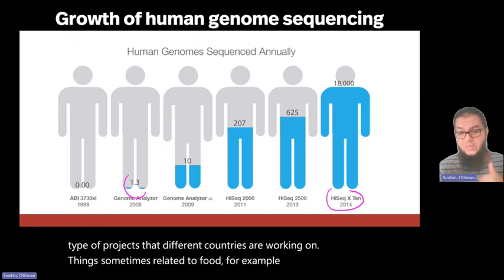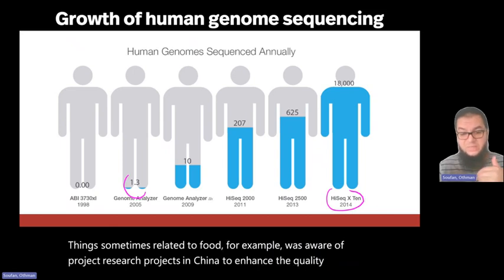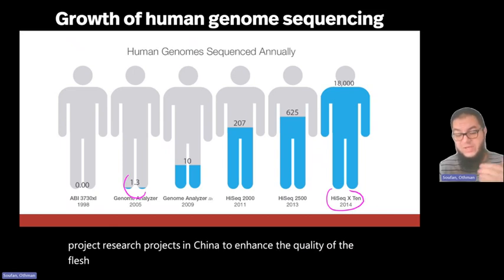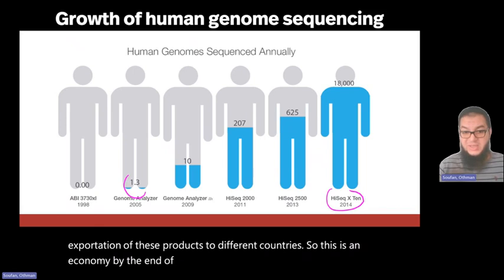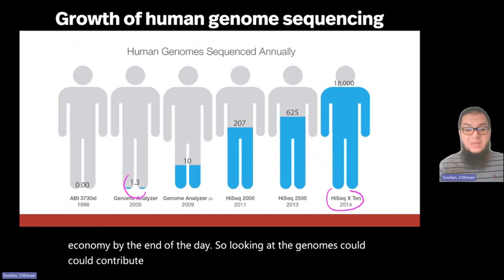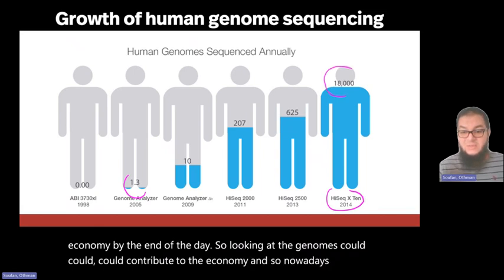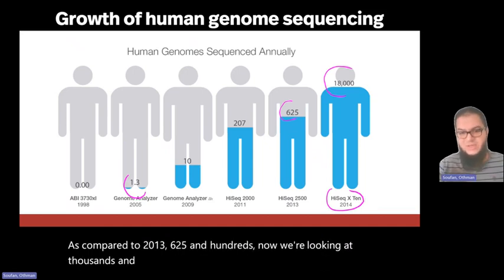I was aware of research projects in China to enhance the quality of the flesh of fish, for example, which relates to production and exportation of these products to different countries. So this is an economy by the end of the day. Looking at the genomes could contribute to the economy. And so nowadays, this is really scalable compared to 2013, when it was 625 and hundreds. Now we're looking at thousands, and soon in the hundreds of thousands and more.